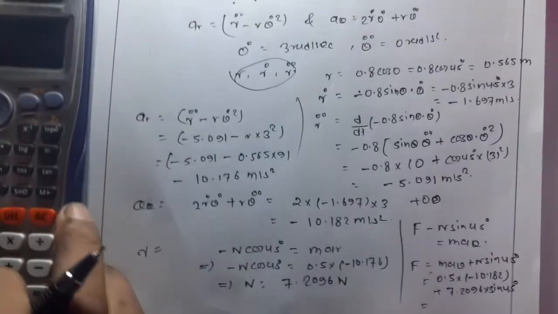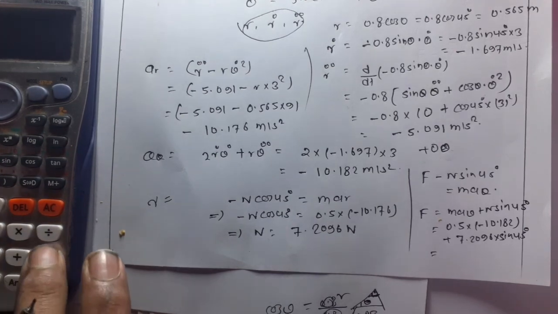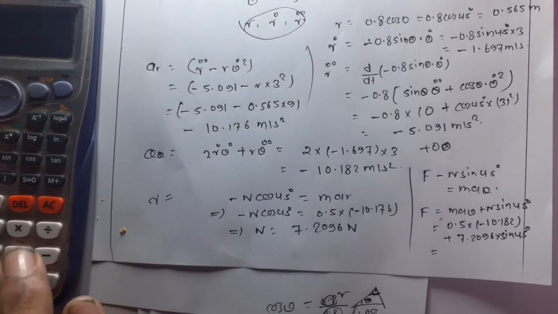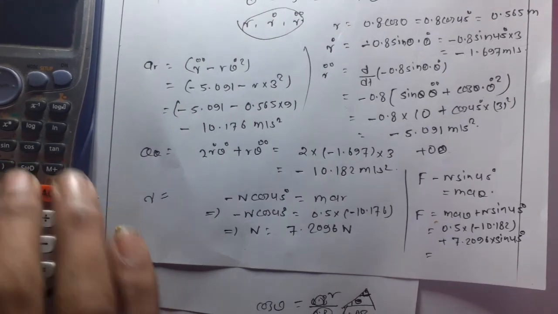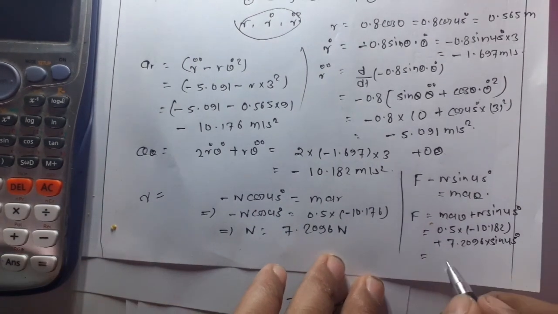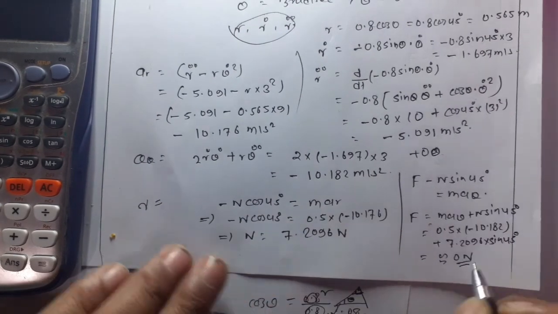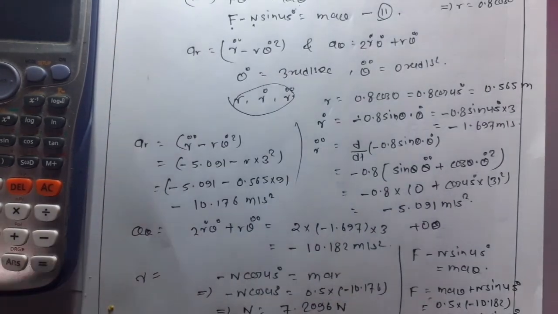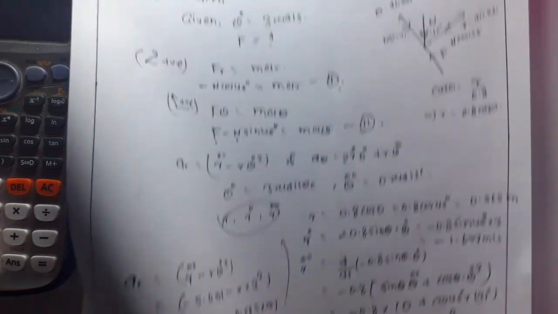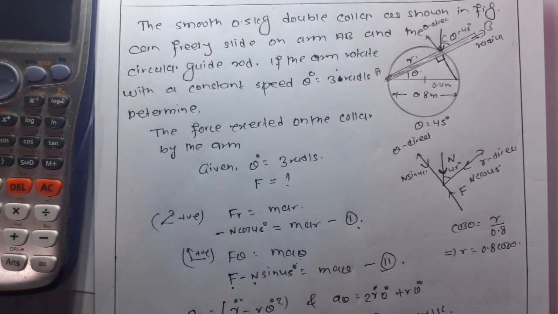So this is 7.2096 into sin 45 degrees minus 0.5 into 10.182. So this is nearly equal to 0. So these two are our required answers. So that's the method to calculate the force exerted on the collar by the arm. So that's the solution for this question.